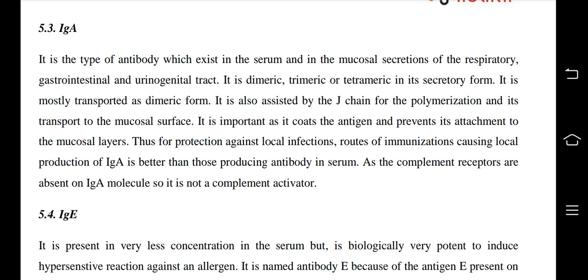It is important as it coats the antigen and prevents its attachment to the mucosal layers. Thus, for protection against local infections, routes of immunization causing local production of IgA are better than those producing antibody in serum. As the complement receptors are absent on the IgA molecule, it is not a complement activator.